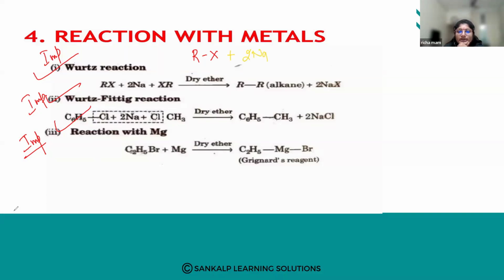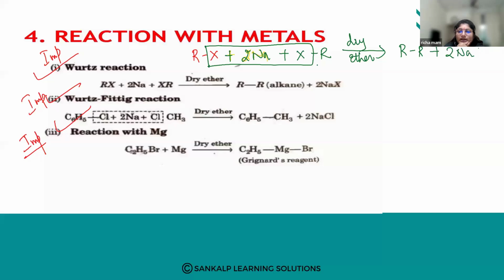This is one alkyl halide, and this is another. In the presence of sodium and dry ether, the solvent taken, I am going to get a higher alkane plus 2 NaX.